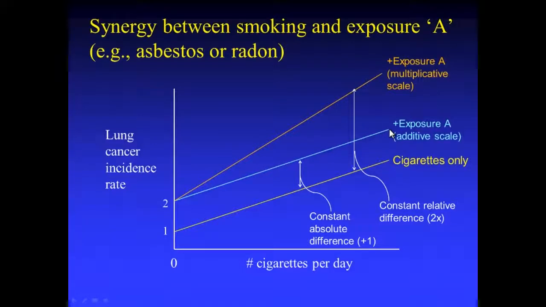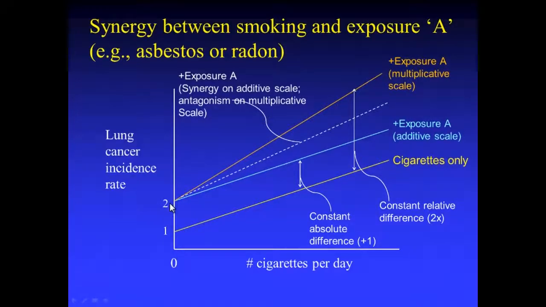This is effect modification. In fact, it would represent antagonism on a multiplicative scale, whereas this line would represent synergy on an additive scale. So it is departure from the scale that you happen to be examining at the time.